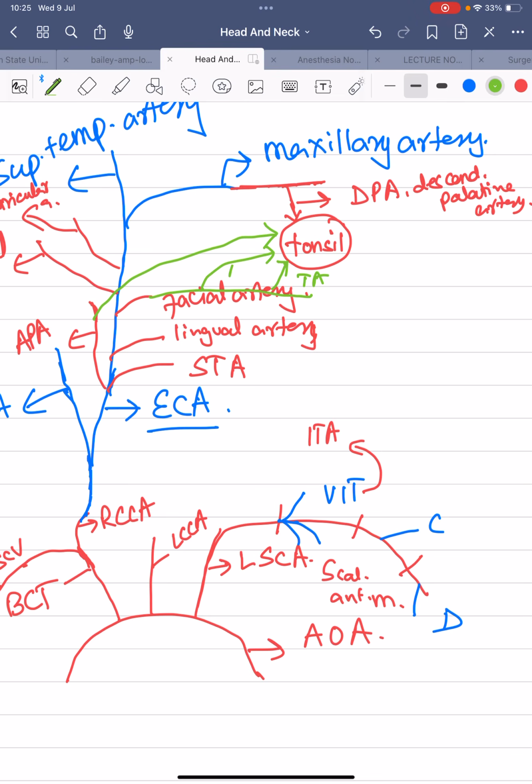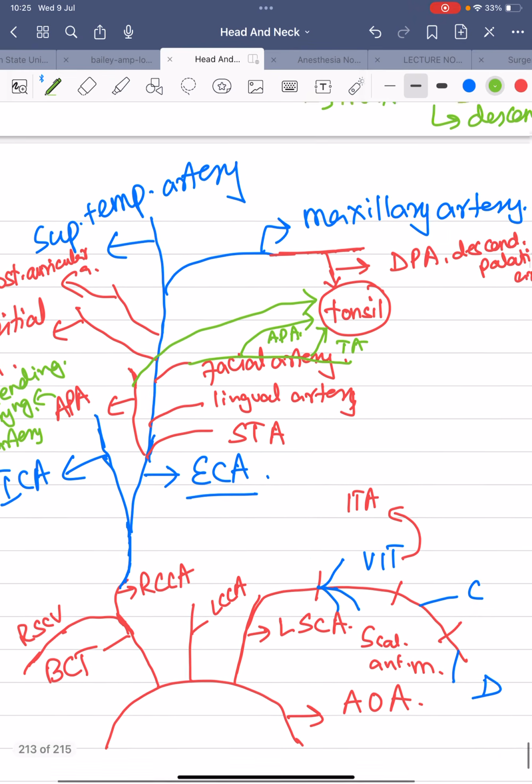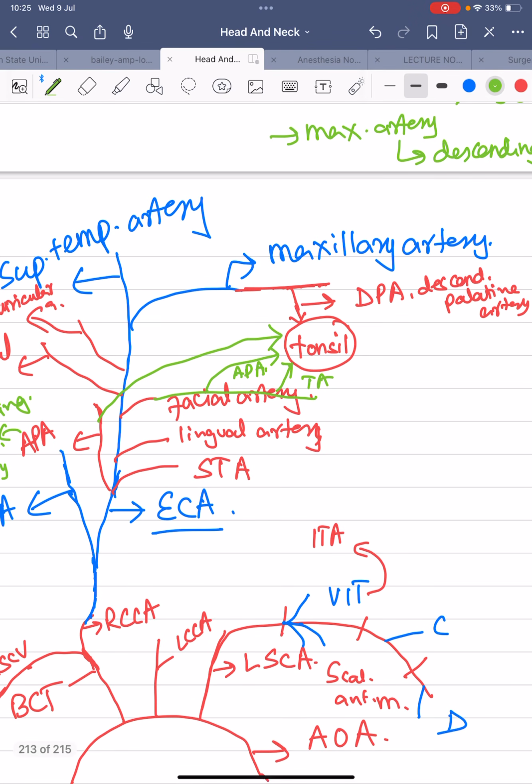This is the ascending palatine artery, and this is your ascending pharyngeal artery. Okay, and this APA is your ascending palatine artery.